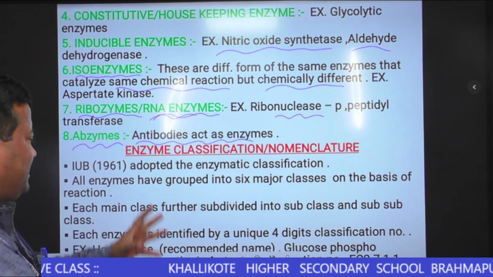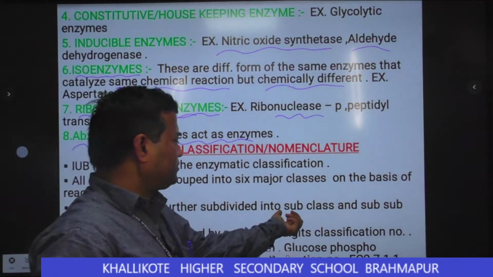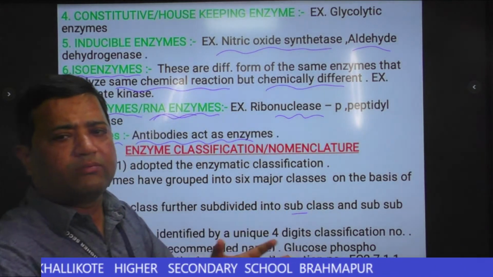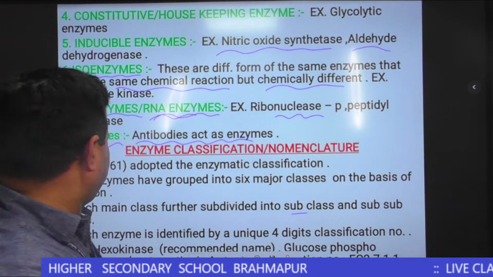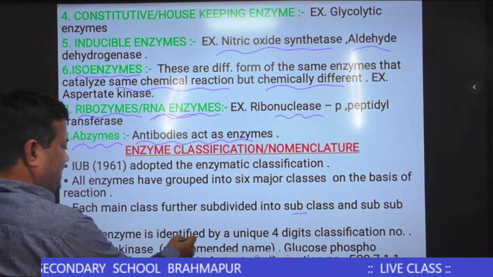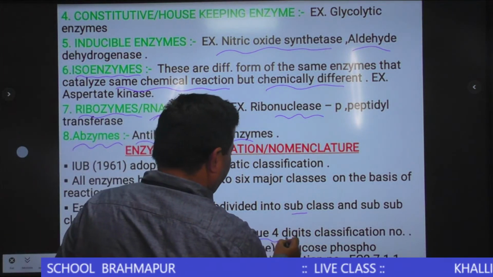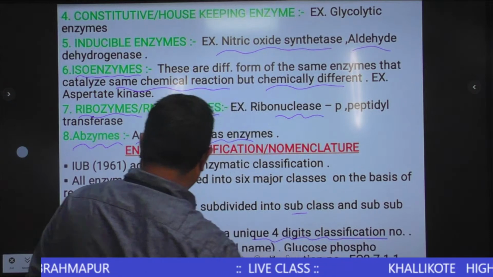Each main class is again subdivided into subclasses and sub-subclasses. Each enzyme is identified by a unique digit classification number.